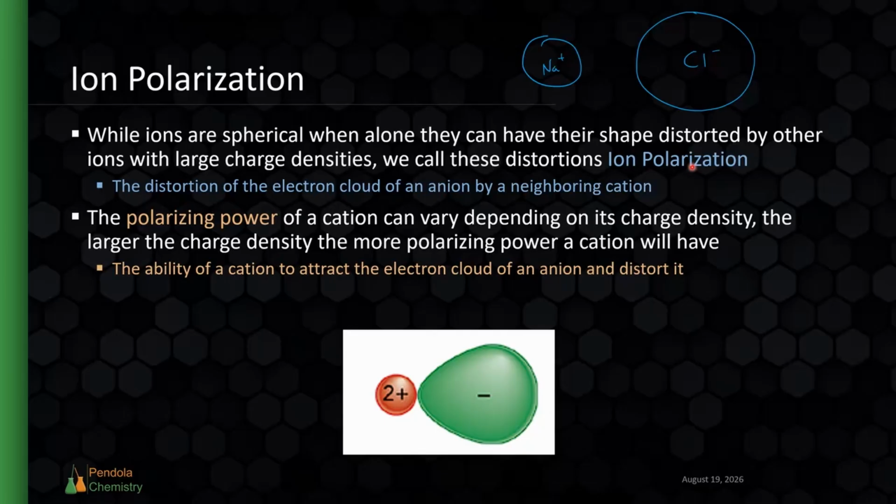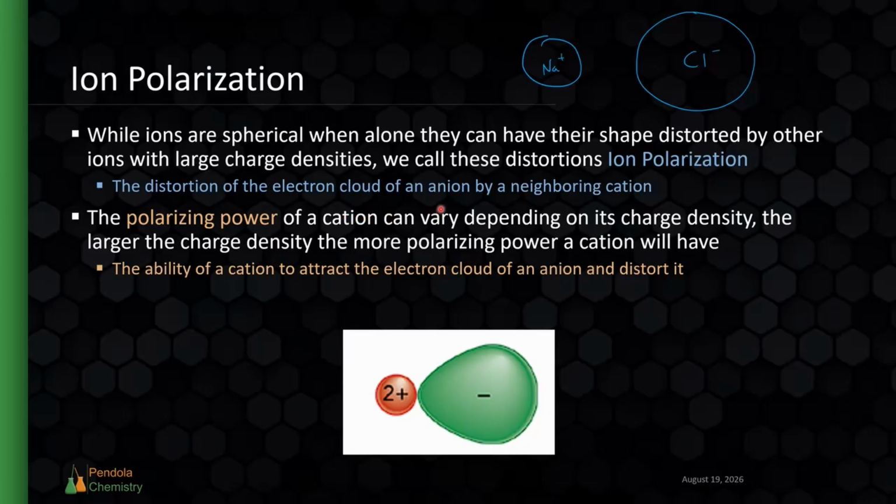Anions are usually much larger than cations, and because of that, usually the electron cloud of the anion is the one that gets distorted. So when you have two ions next to each other, the anion might have its electron cloud warped and taken out of being a sphere. What dictates whether a cation can do this is called the polarizing power of the cation.